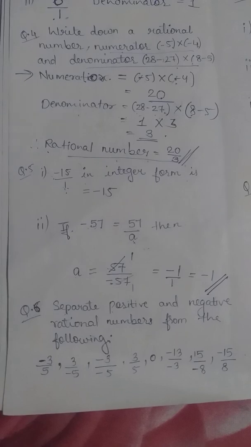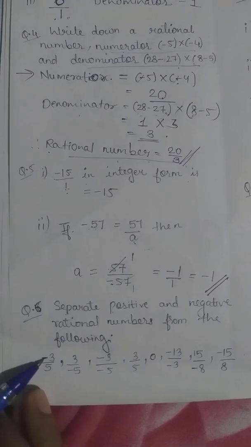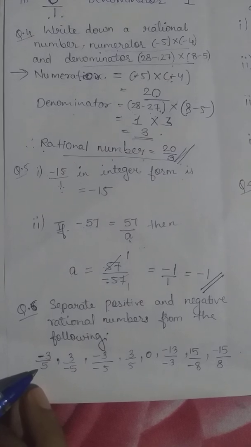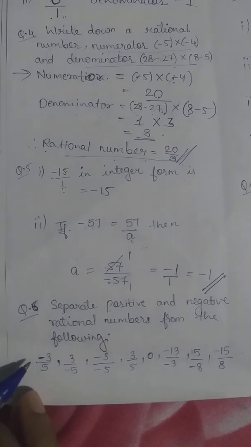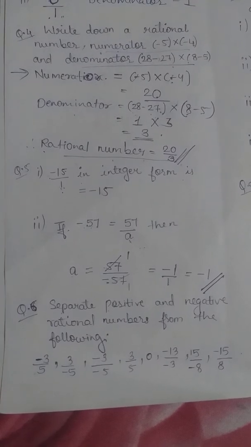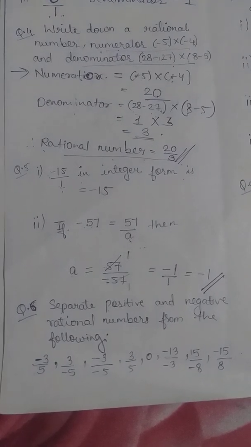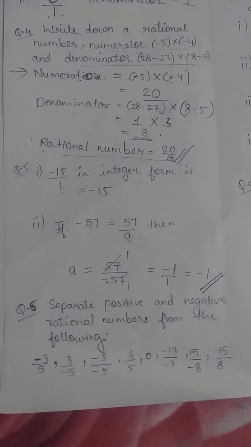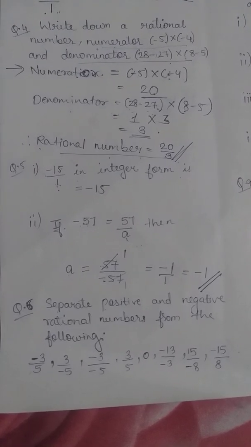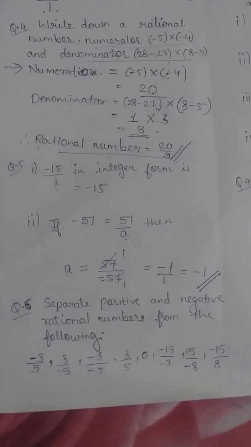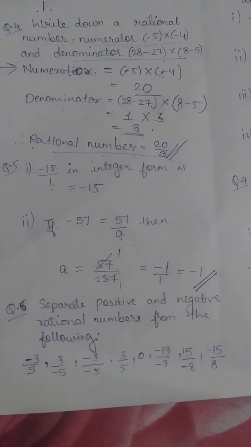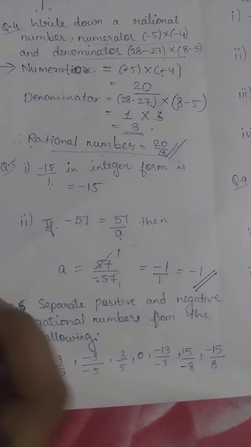And if one is negative and one is positive, then it will be negative, always negative. Similarly, if both numerator as well as denominator are positive, then the answer is positive. If numerator and denominator are both negative, then again positive. If either one is positive and the other is negative, the answer will remain negative.